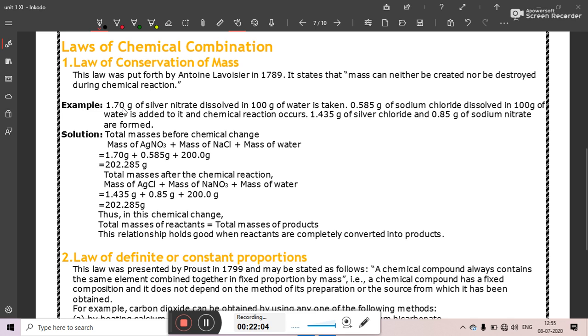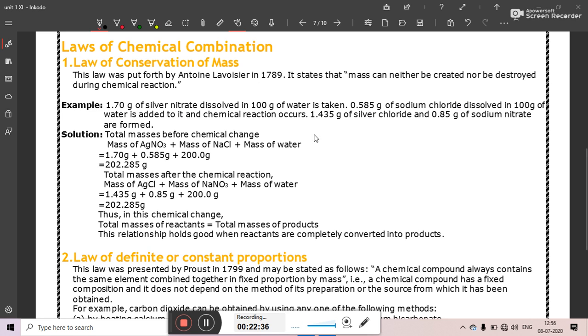If 1.70 gram of silver nitrate is dissolved in 100 gram of water, that means solution is prepared in one of the beakers. In another beaker, if 0.585 gram of sodium chloride is dissolved in 100 gram of water, so that means 2 different solutions are prepared, and if these 2 solutions are mixed with each other, then in that case 1.435 gram of silver chloride will be formed and 0.85 gram of sodium nitrate are formed.